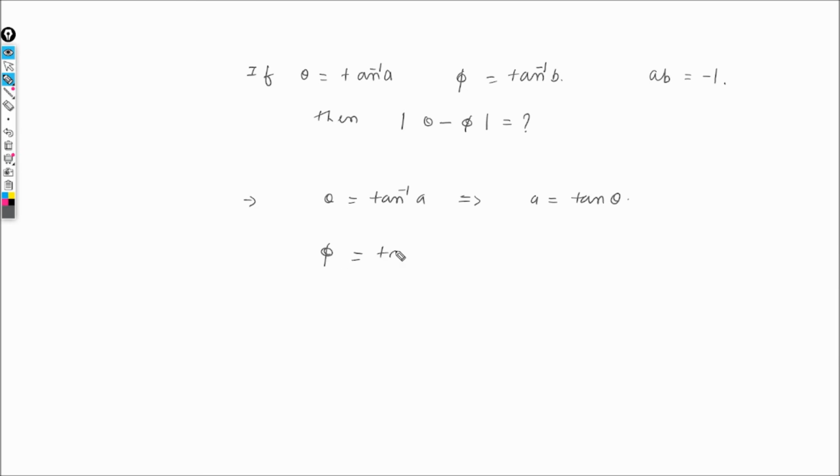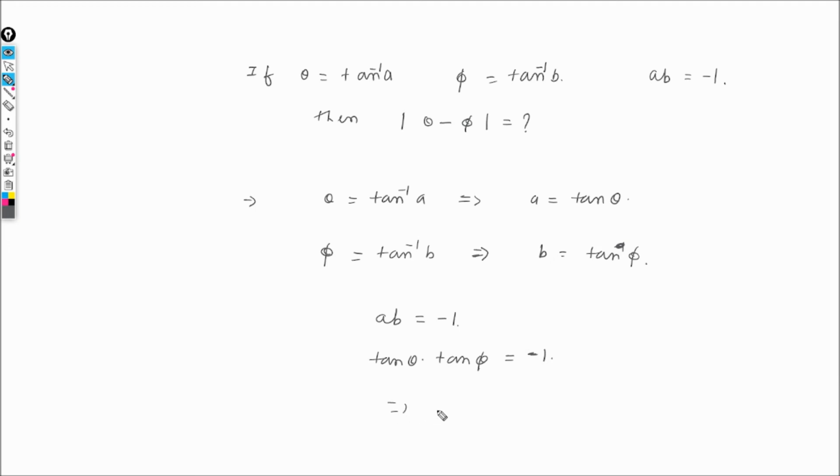Phi is equal to tan inverse of B. This implies B is equal to tan phi. Okay. Now what is given here? AB is equal to minus 1. So A means tan theta, tan theta into tan phi, B is equal to tan phi, is equal to minus 1.